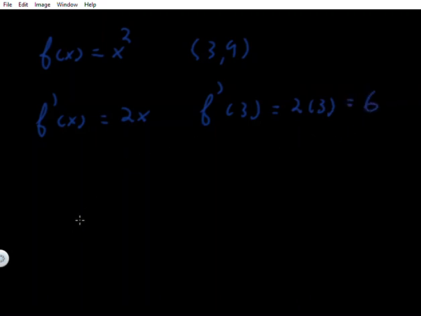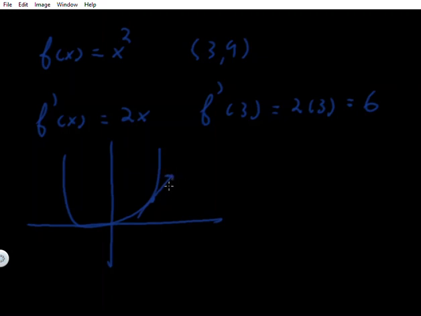So if I was to sketch the graph, I know that at 3 here, if you were to have any kind of vector here, the change in y over the change in x would be 6. So if this was 1 here, and this was a 6, then that would describe some kind of vector going through the point (3, 9).